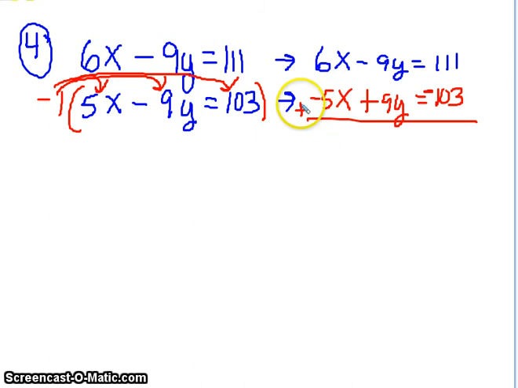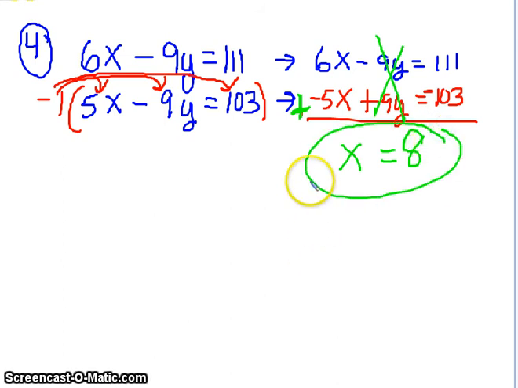When I combined these two, 6x minus 5x is x. My 9y's cancel, and I get 111 minus 103, which is 8. Then you would just plug that one back in. We're not done, but that's all I got.